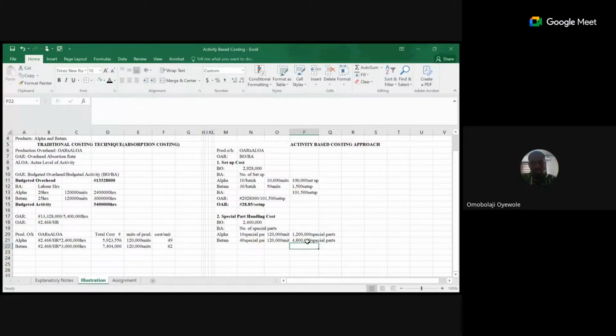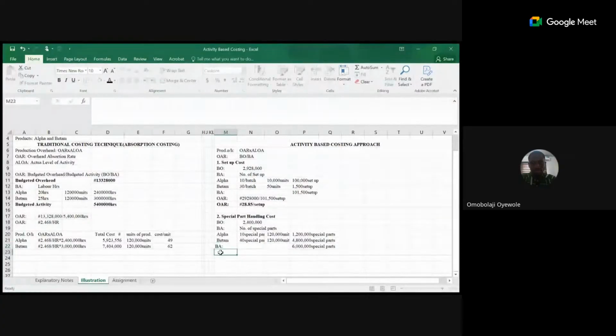If we sum it up together, what will be the total? Six million special parts. So that will be our budgeted activity, right? 6 million special parts.